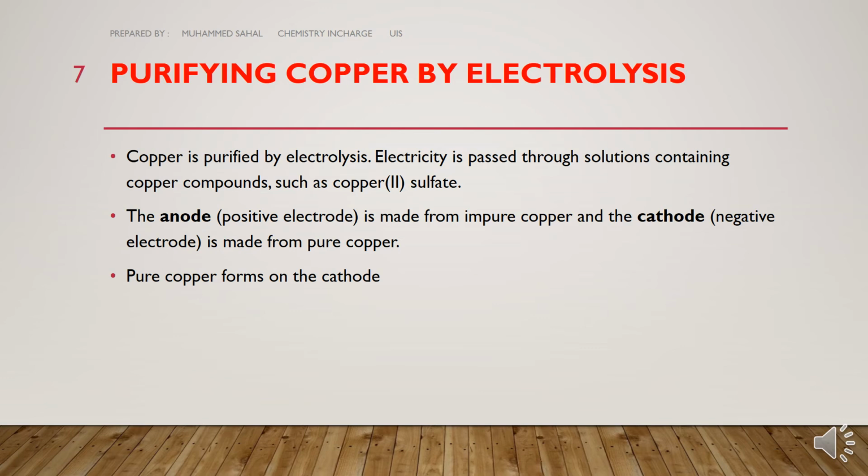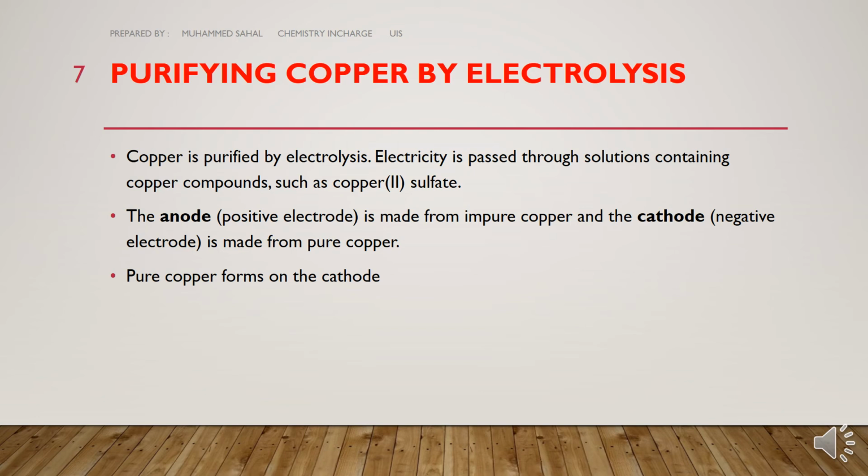Now, how to purify copper by electrolysis, that is purification of copper. Because copper is a very good conductor of electricity, it is used for electrical wiring and cables. Pure copper is also used in the manufacture of cooking utensils because it has high thermal conductivity.